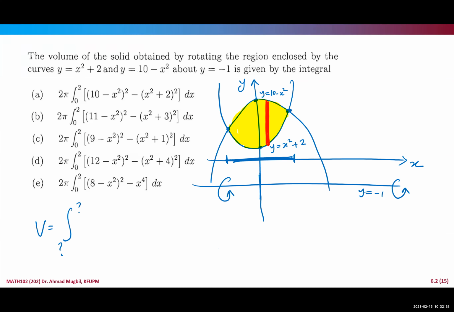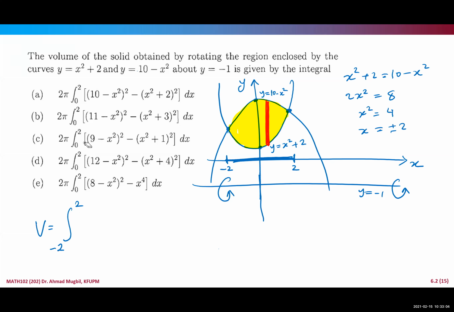You have y, so x squared plus 2 equals 10 minus x squared. This will be 2x squared equals 8, x squared equals 4, x equals positive or negative 2. So this is 2, this is negative 2. So we will integrate from negative 2 to 2. Unfortunately, there is no one in the choices with this option, but let's see.